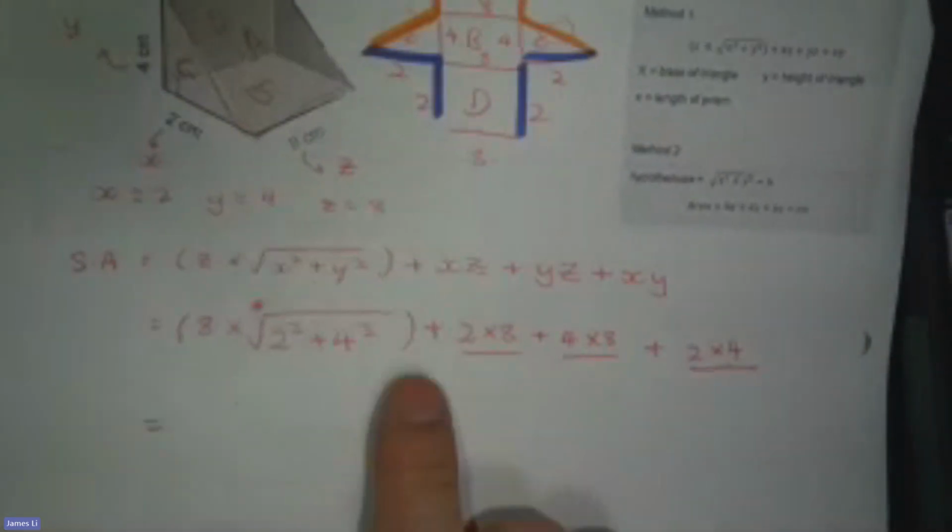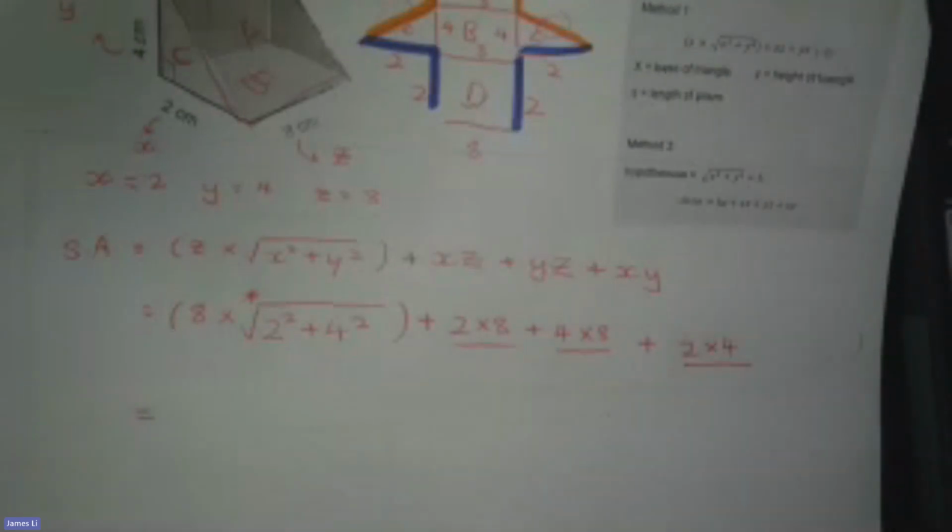The square root is here. We are going to start at this square root. Okay, so let's work it out. Let's calculate now. My calculator is working. So 2 squared plus 4 squared, I get 20. I try again. 2 squared plus 4 squared, you get 20, right? So we're going to take the square root of 20.